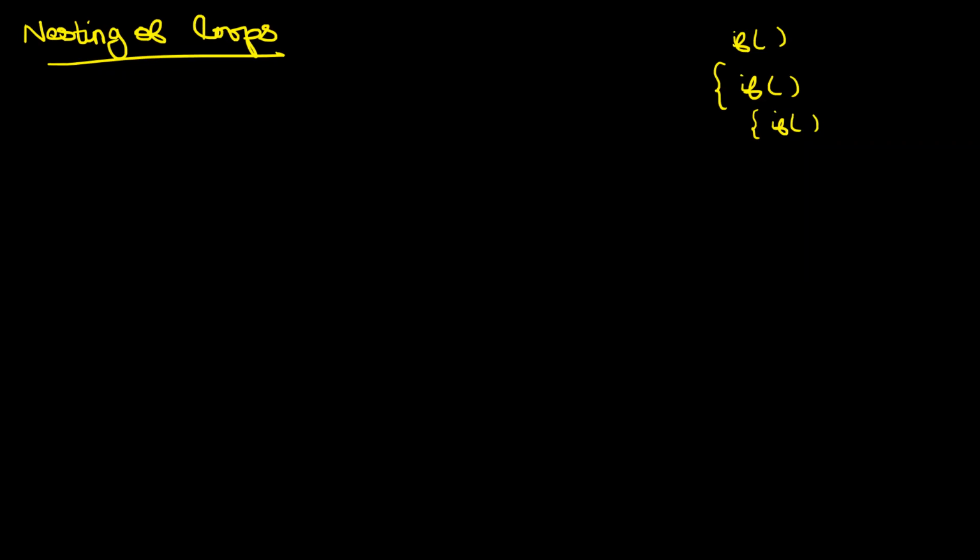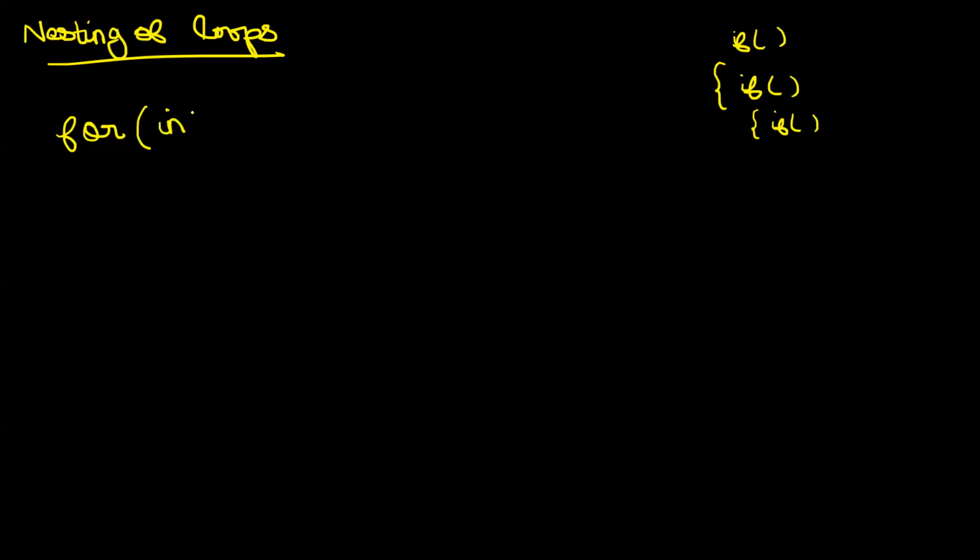And whenever you have to deal with nesting, 99.99% of the times, you will be dealing with for and while loops only. So let me take an example to help you with how a nesting of loops actually looks like and how it works. What is the flow of execution when we nest the loops? So I am basically nesting for loops, so within one for loop, I will be writing another for loop.